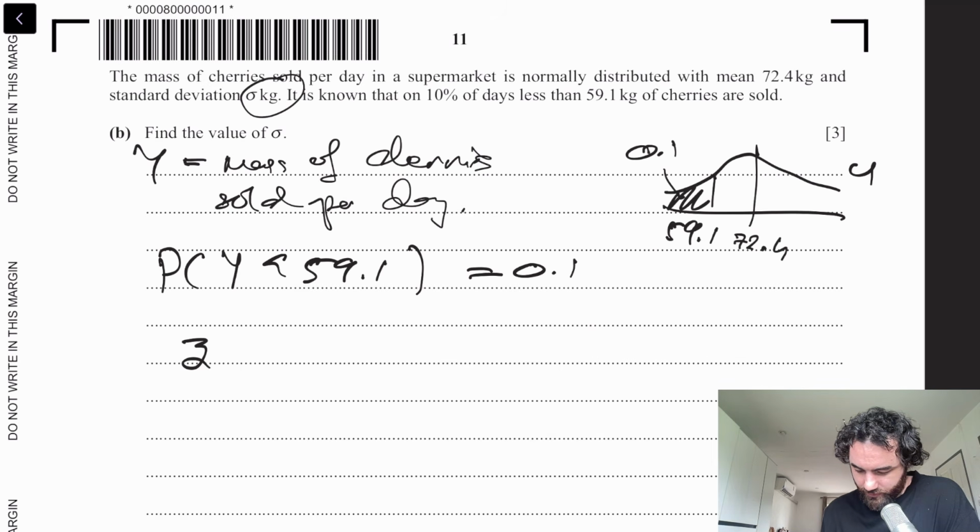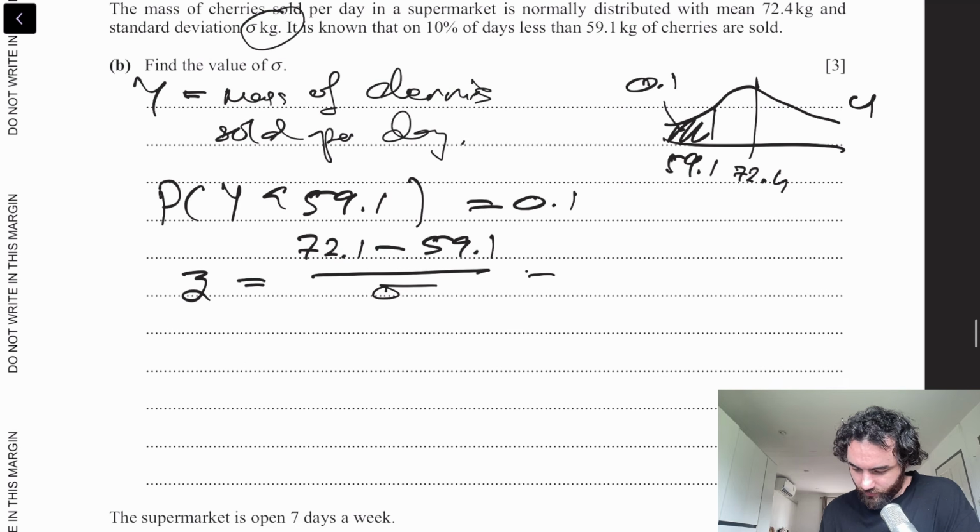So Z equals the mean minus 59.1 over sigma, or standard deviation. So this thing is 72.4 minus 59.1, this is 13.3.